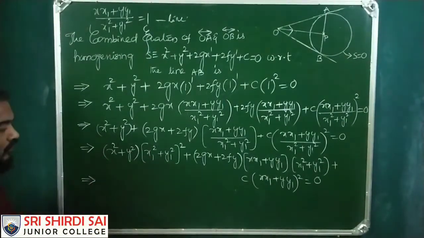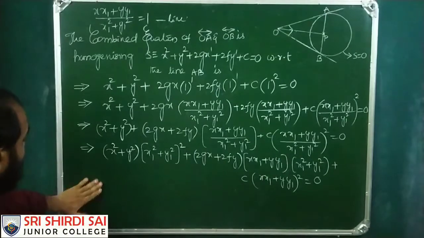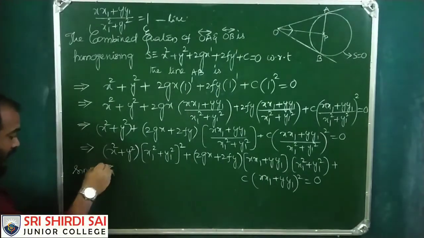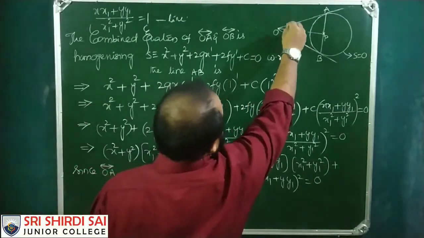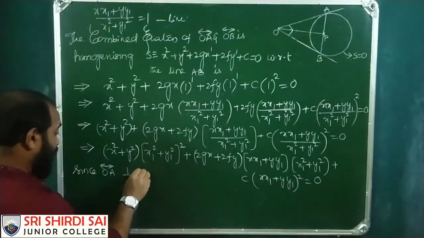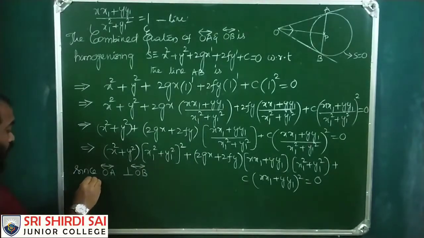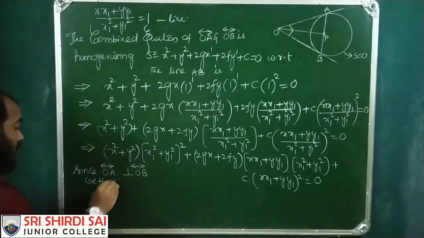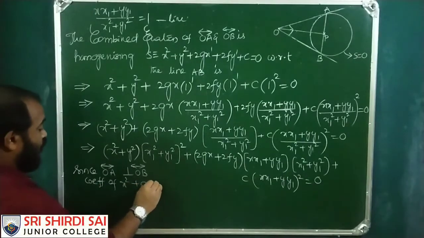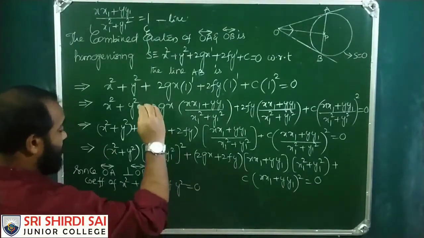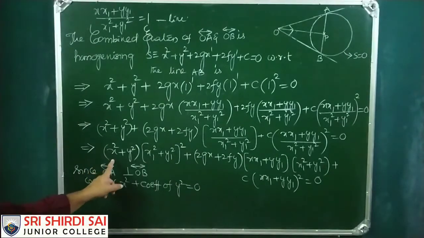Then, since OA is perpendicular to OB, coefficient of x square plus coefficient of y square should be equal to 0. What is the coefficient of x square here?